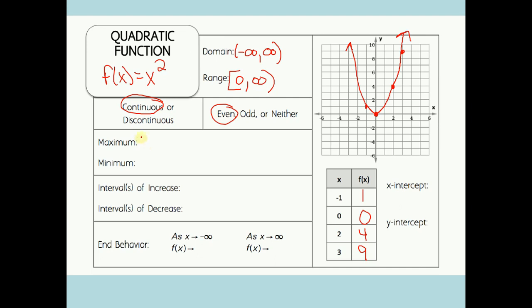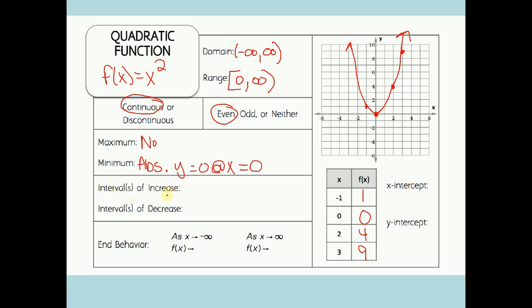Maximum, there are no maximums, no locals or absolutes for that matter. Minimum, I do have an absolute minimum, and it is at y equals 0 at x equals 0, or the ordered pair (0, 0).